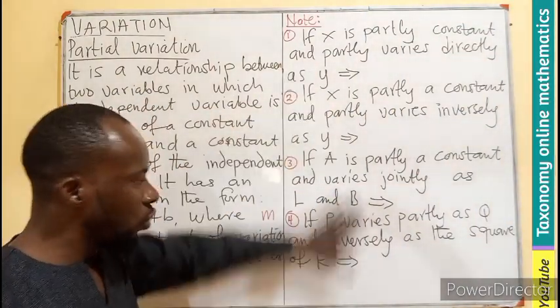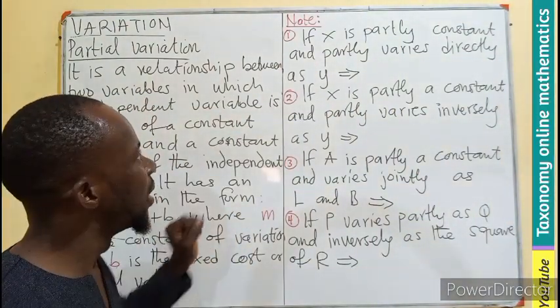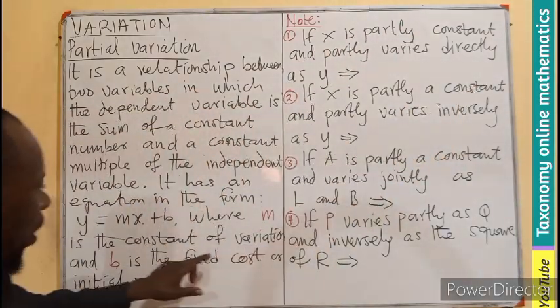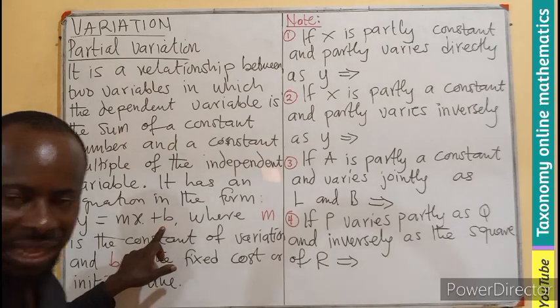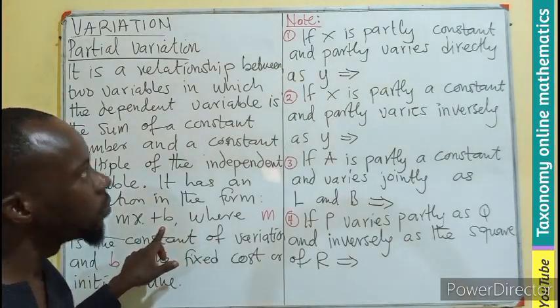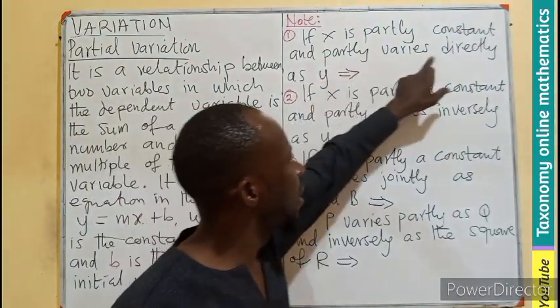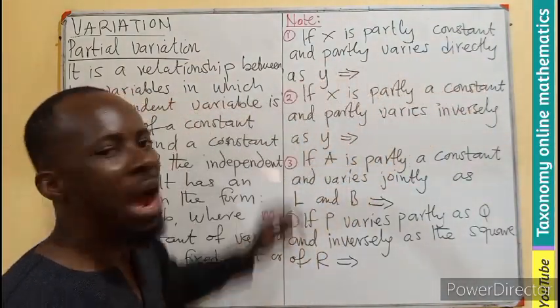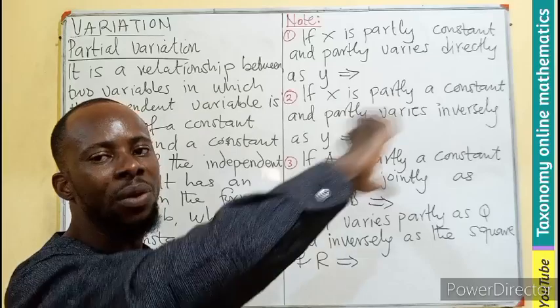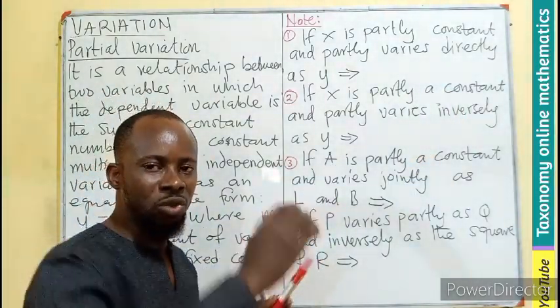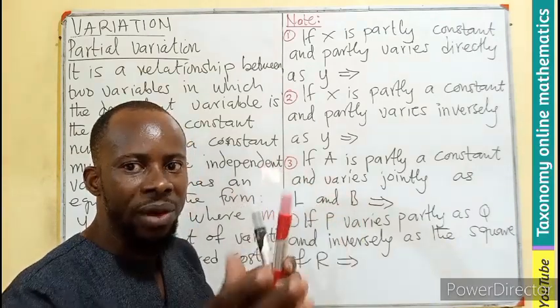Let's go through this to summarize what we are having here. So if x is partly a constant, the b, partly a constant, the b will come at all costs, and in addition, partly varies directly as y. What do you think will be the relation? Don't forget, I'm going to start with the equal sign so that I can get my constant of variation.